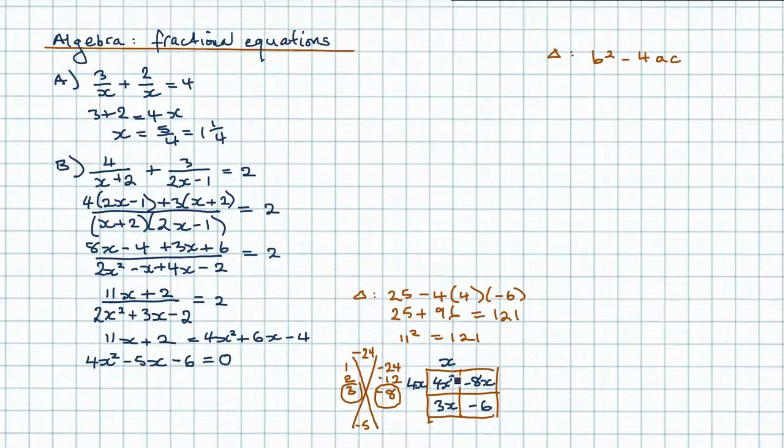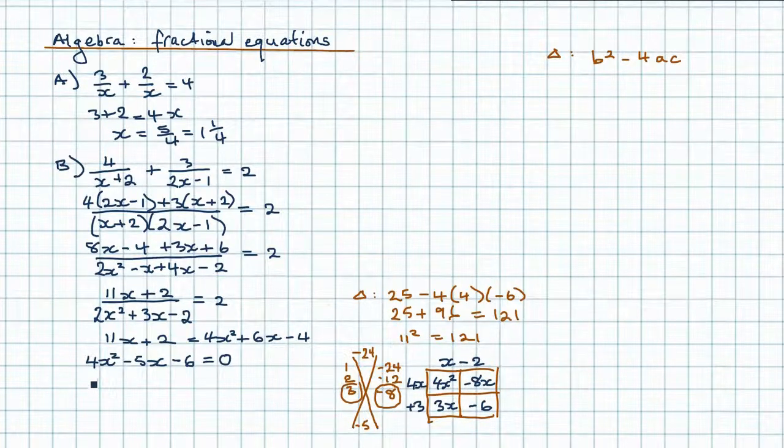Now x times something gives me 3x. Well, x times 3 will give me 3x, so it's 4x plus 3. And 4x times something gives me minus 8x, so that's going to be minus 2. Minus 2 times 4x gives me minus 8x. And just to double check on the fourth quadrant, minus 2 times 3 is minus 6, so that's got to be right. Okay, excellent. So that's split my middle term, which means I can factorize.